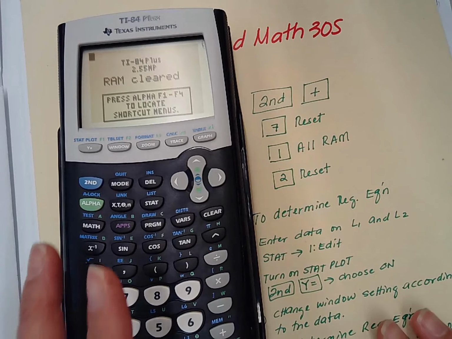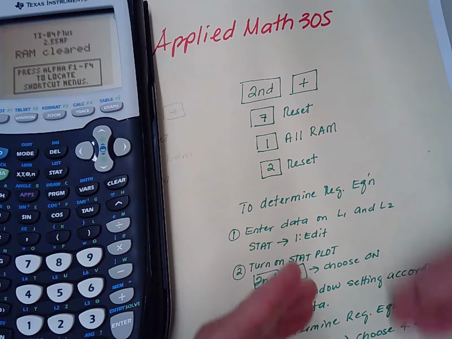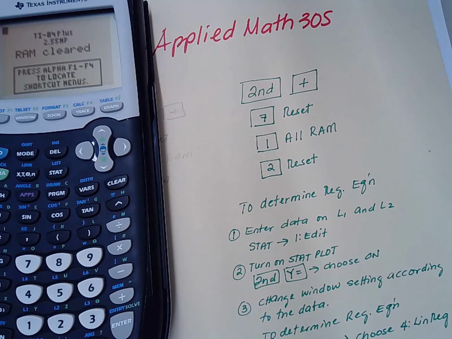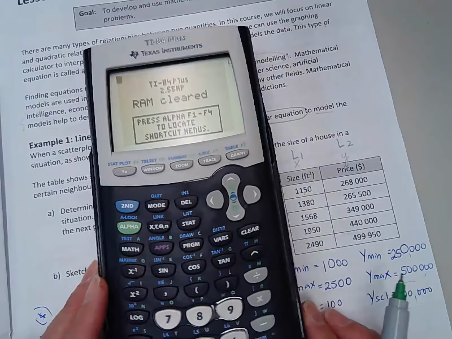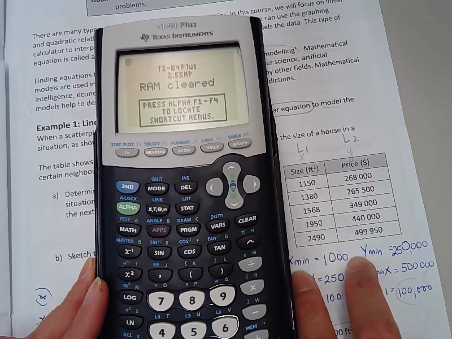Now, the first thing that we have to do before we do the regression equation is enter data. Without data, we can't figure out the equation because there's nothing to figure out. So let's go back and retype this in.